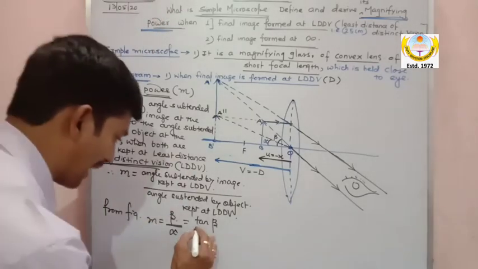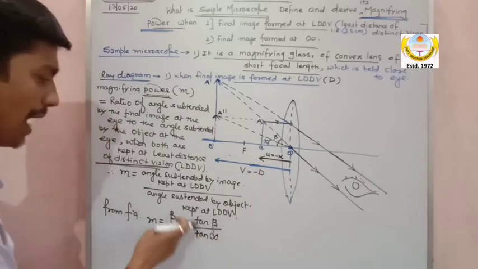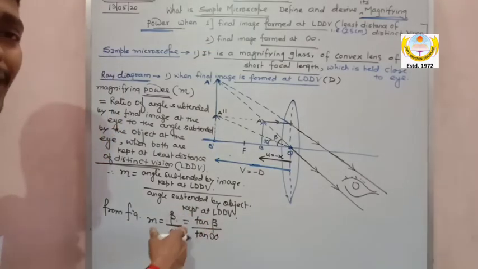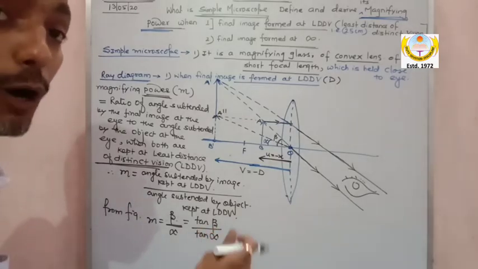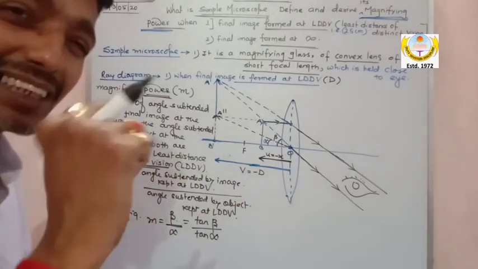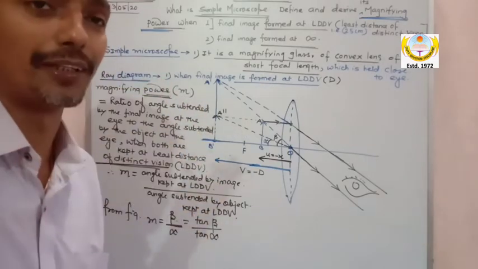So tan beta divided by tan alpha is the tangent of the angle by the image to the tangent of the angle by the object. Since it is the tangent of the angle, the term is taken as magnifying power.